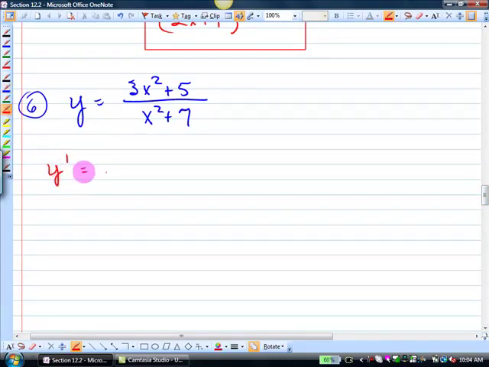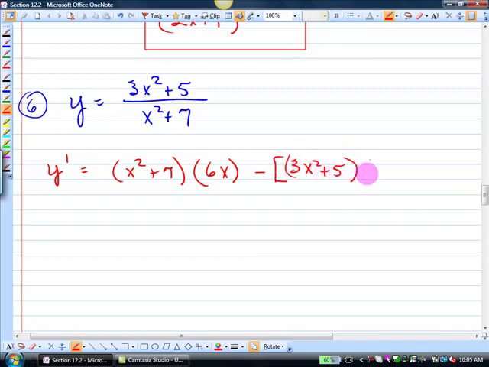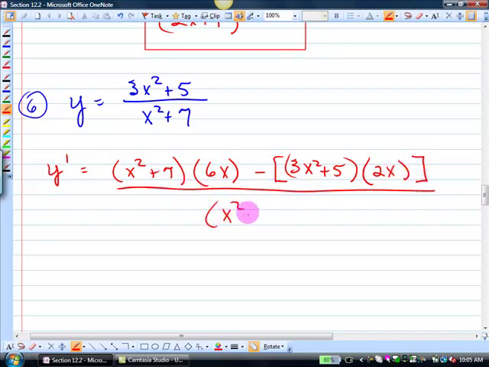So y prime is x squared plus 7 times the derivative of the top, which is what? 6x minus 3x squared plus 5 times the derivative of the bottom, which is 2x, all over the bottom squared. So we'll just do some multiplying.